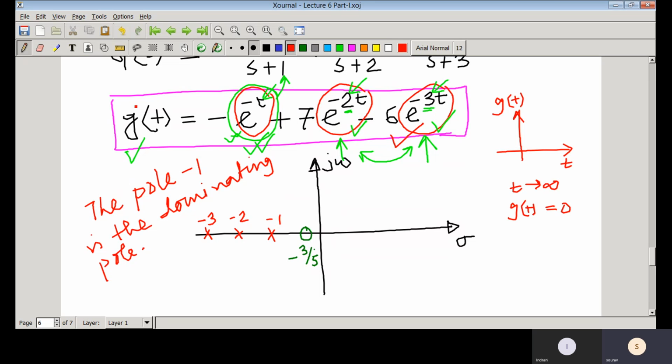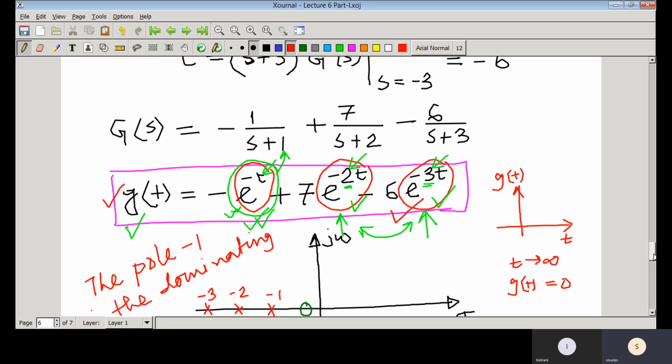If you look at that g(t), in that response the second and third terms, e to the power minus 2t and e to the power minus 3t, are associated with the poles at minus 2 and minus 3. As 2 and 3 are greater than 1, the second and third terms will die out quickly compared to the first term.